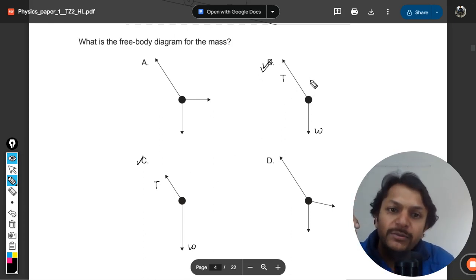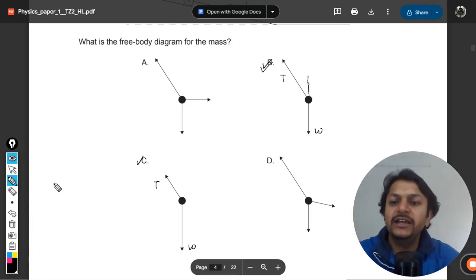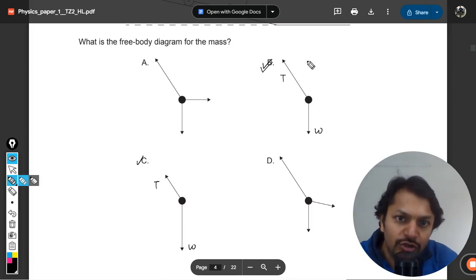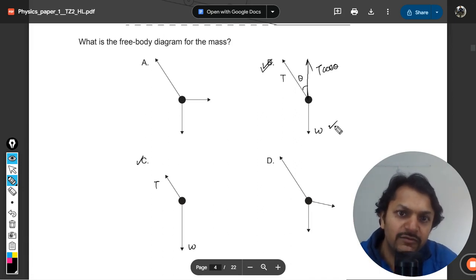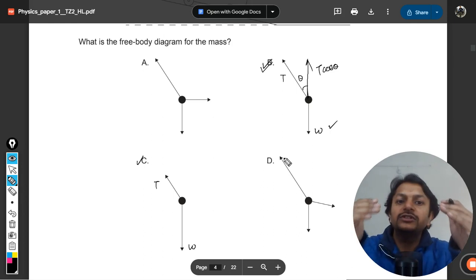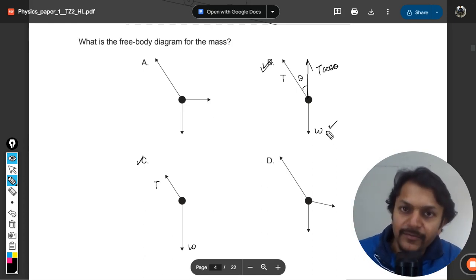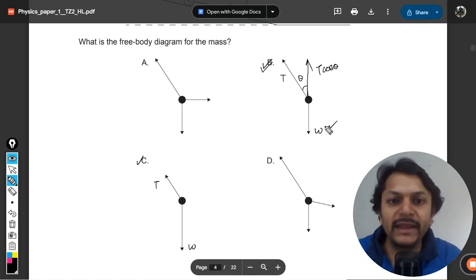Why? Because the body is not experiencing any motion in the vertical plane. It means that there has to be an equal and opposite force. So this will be the component of tension T, which is equal to the weight W. So T cos theta should be equal to the weight W. That is why these two forces will cancel each other and the equilibrium will be maintained.